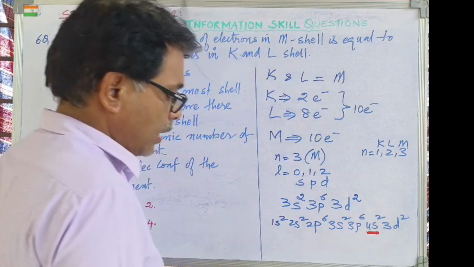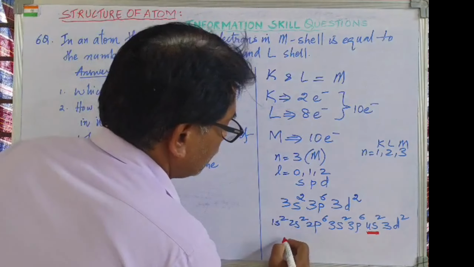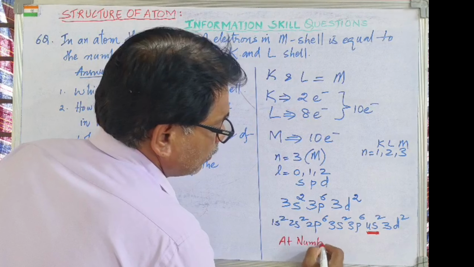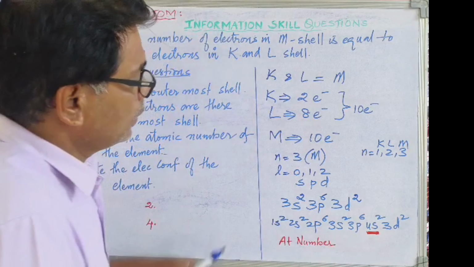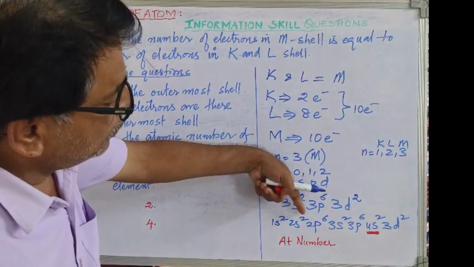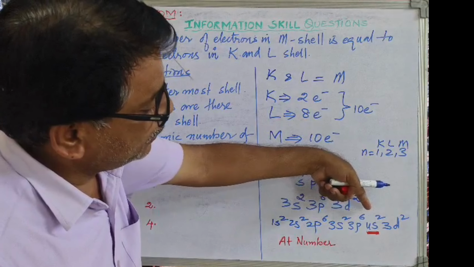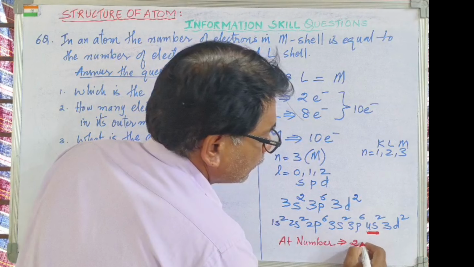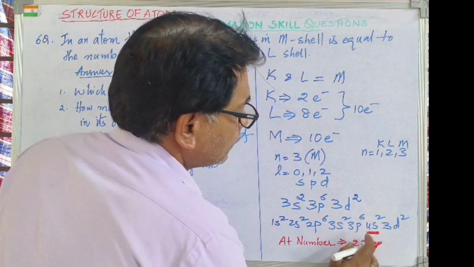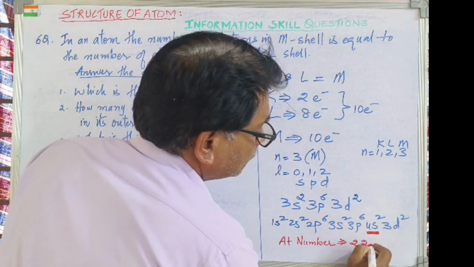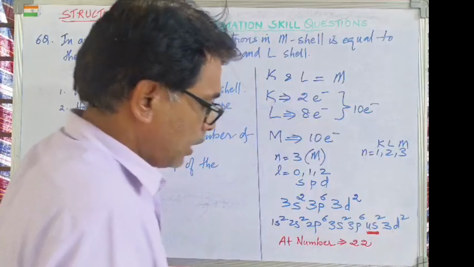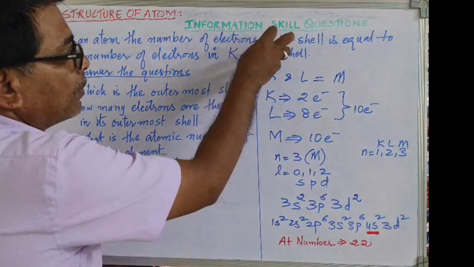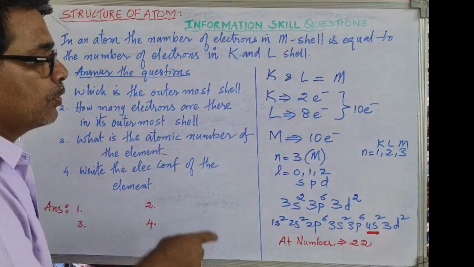With this, the atomic number of this element has gone to, can you just add up, 2 plus 2, 4 plus 6, 10, 12, 18, 20, 22. It is 22. Therefore, it is titanium. Titanium is the element. Very interesting question. Most of us think it is 10 plus 10 is 20 and calcium. So it is this way.